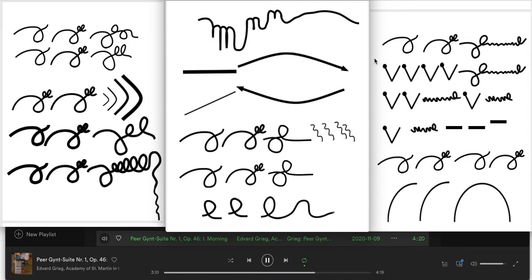Keep going. Nice and slow. Keep going. Really slowly. Keep going.